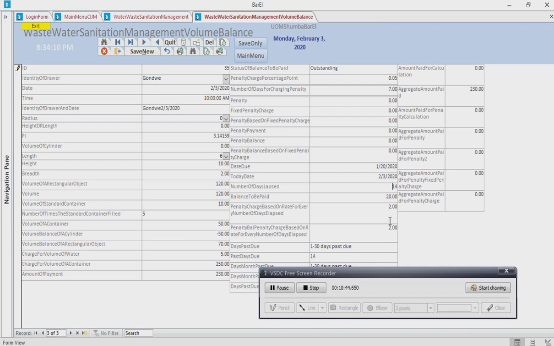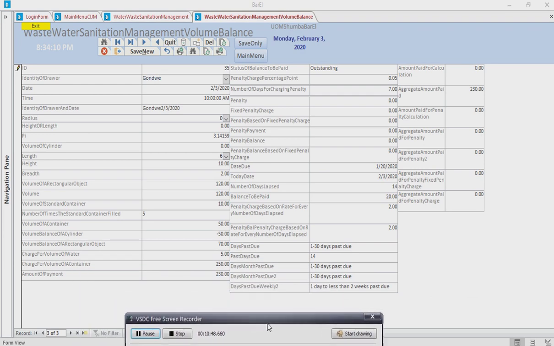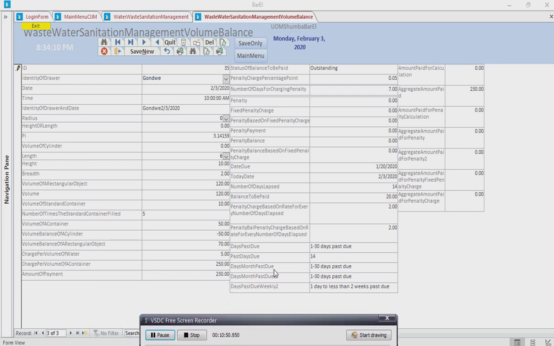And it's so clear that the number of days which have lapsed is 14 days, which are between 1 to 30 days, 1 day to less than 2 weeks past due.